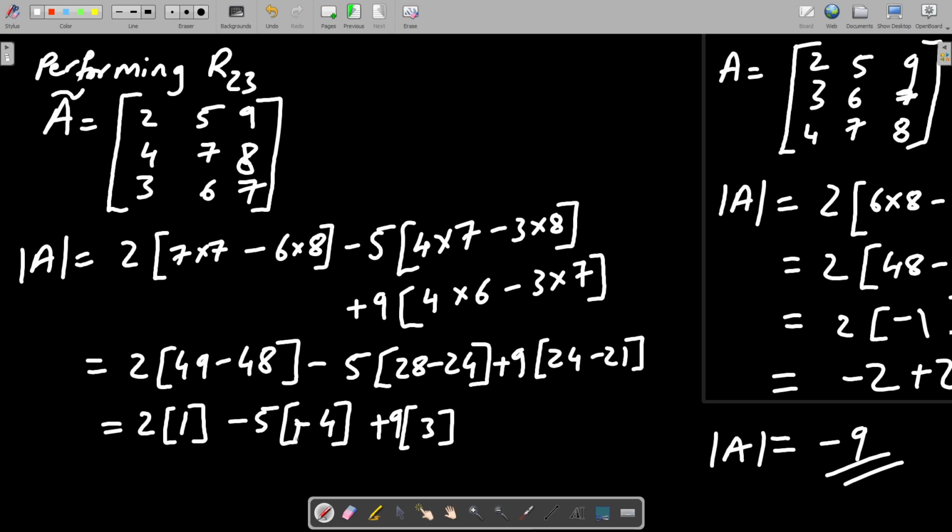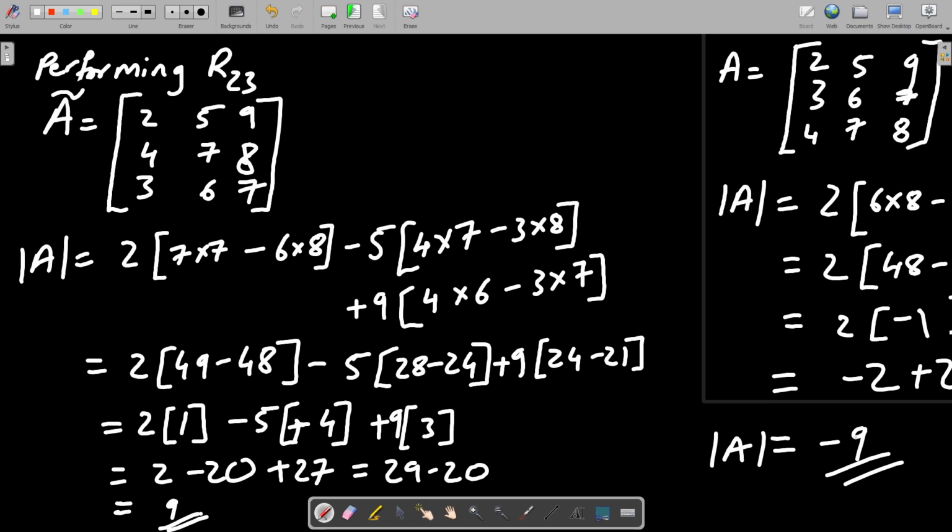This is going to be 2 minus 20 plus 27, which is going to be plus 9. So what I did, I interchanged one row over here and I got the answer as minus of this determinant.